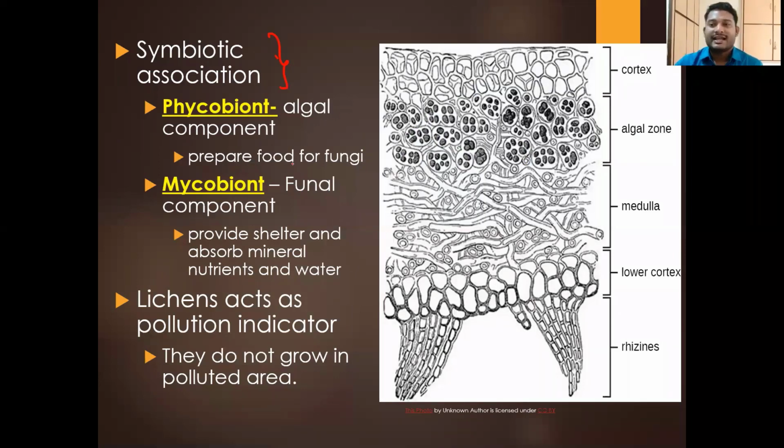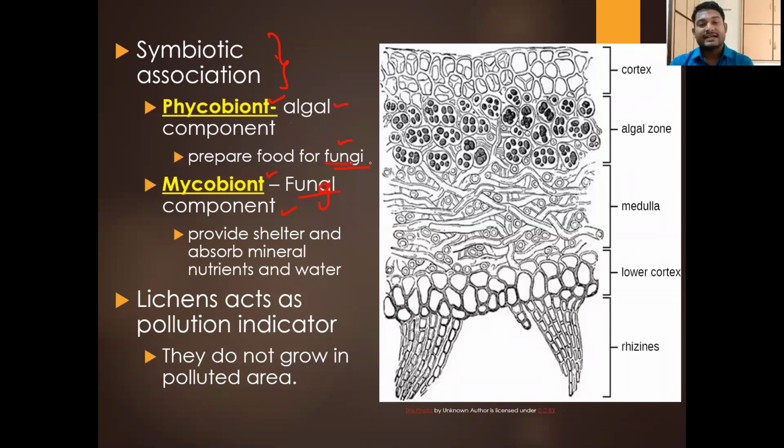So here there are two components, as I said. There is going to be a phycobiont, that is the algal component, and the mycobiont, which is the fungal component. So you have an algae and you have a fungi combined together. So what is the role of each? The phycobiont, the algae here, is going to prepare the food for the fungi.